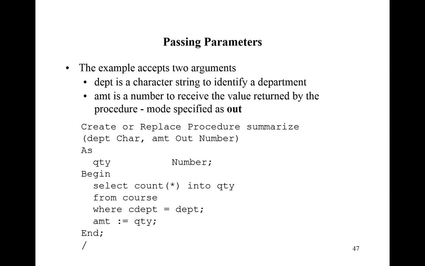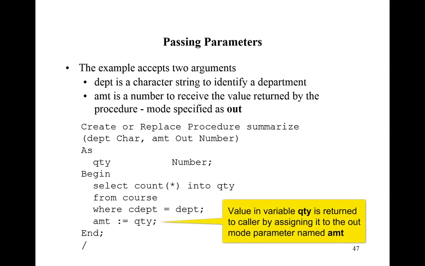We create a local variable called quantity, which is of type number. We again count the number of rows from the course table, place that count into the local variable of quantity, and what we do is we return that value not by using DBMS output, but by assigning the value to the out mode parameter.